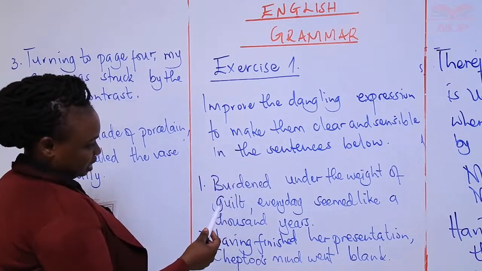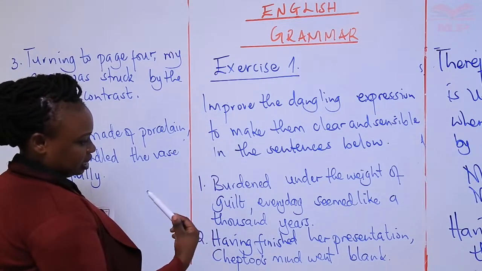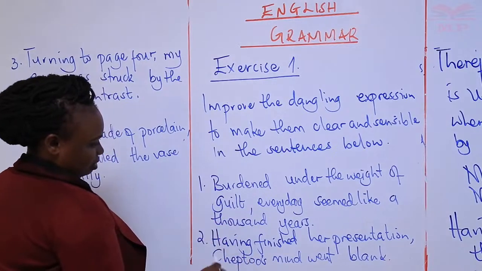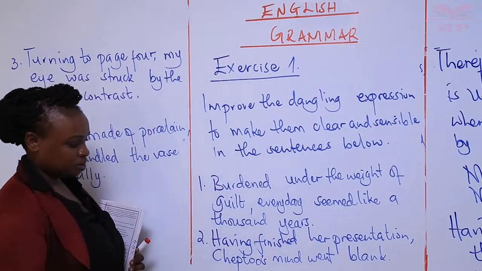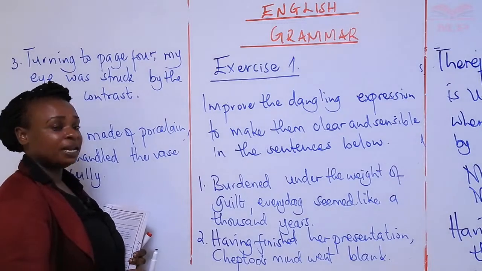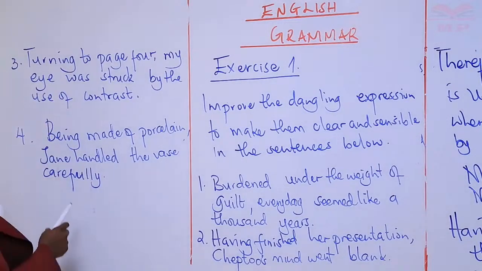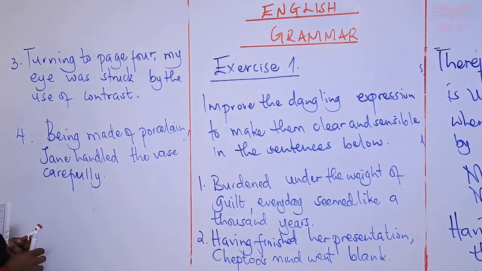Burdened under the weight of guilt, every day seemed like 1,000 years. Number 2, having finished the presentation, Cheptoo's mind went blank. Then we have turning to page 4, my eye was struck by the use of contrast. Then number 4, being made of porcelain, Jane handled the vase carefully.